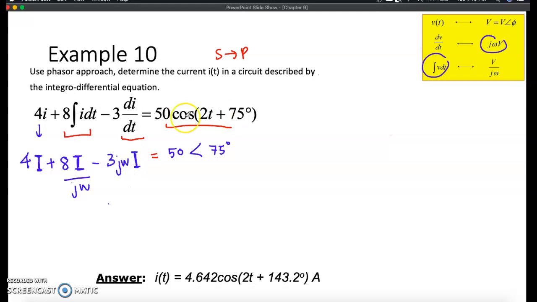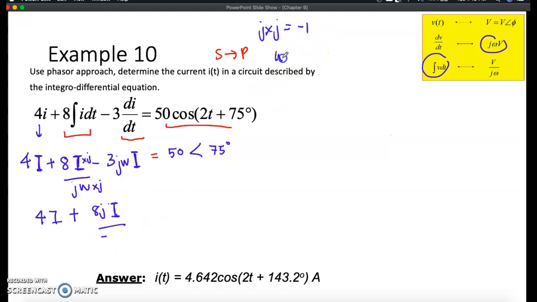Now you have the denominator here, so you're going to eliminate this denominator. You multiply both sides by j, so it becomes 4jI plus 8I, divided by... Okay, still remember last time j multiplied by j is always equal to minus 1. So this one becomes minus.